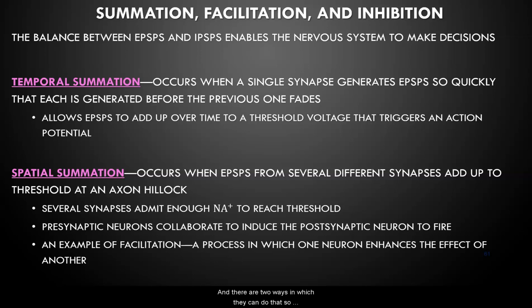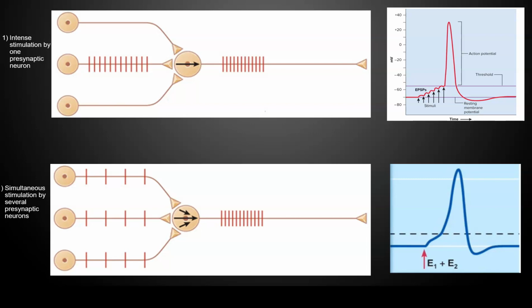And there are two ways in which they can do that so that the action potential occurs: the temporal summation or the spatial summation. Here's what that looks like. Here on number one, on top is intense stimulation by one presynaptic neuron. So a lot of stimulation from one, or you could have simultaneous stimulation from several of the presynaptic neurons. Either way, you just need to add up enough stimuli so that the action potential can occur.